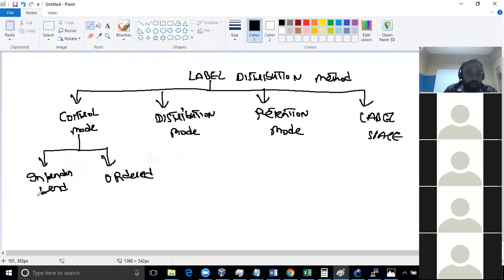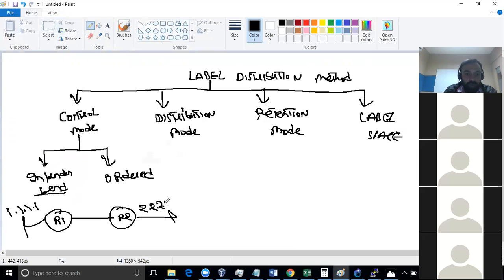Now, independent control mode means, for example, if I have router 1 with its own prefix 1.1.1 and router 2 with its own prefix 2.2.2, and you're running an IGP such as OSPF, router 1 knows 2.2.2. Now when it attaches a label for 2.2.2, it will not ask router 2 whether it can attach a label for this prefix or not. Independent control mode.